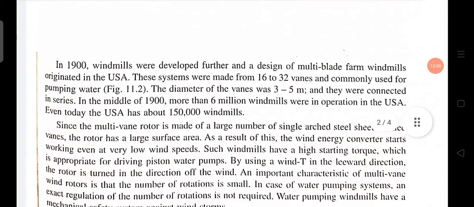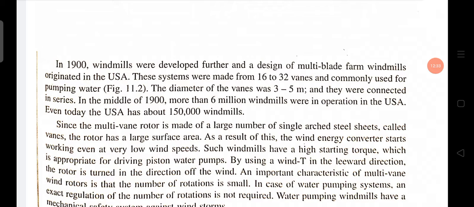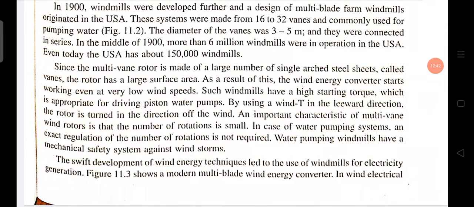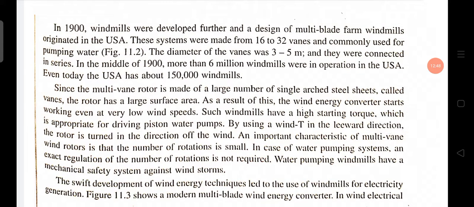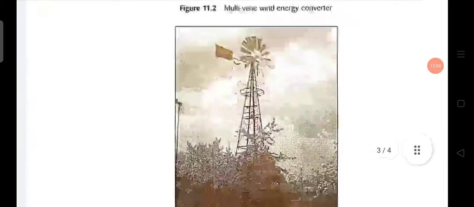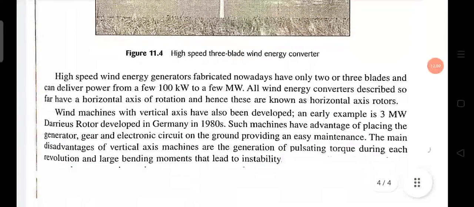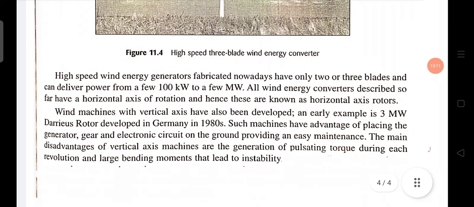You should remember the years and countries: who first discovered the windmill, then which country discovered the multi-blade windmill, and also where today's vertical axis windmill is situated.